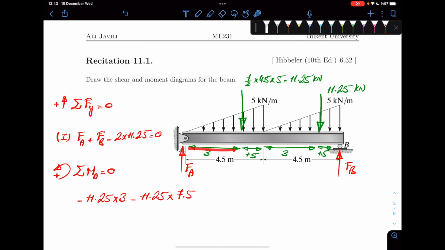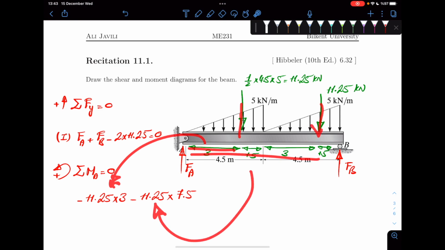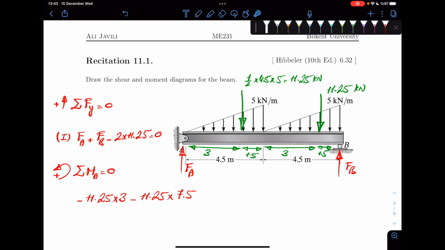Okay, so this is the first one, and this is the second one. And then the last one from FB, you get a counterclockwise, so it comes with a plus times 9. Distance is 9 meters. So this would be your second equation.